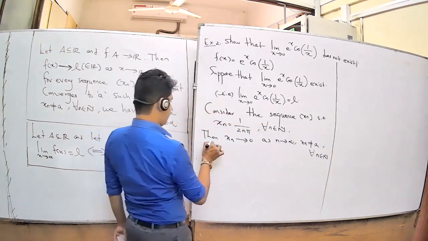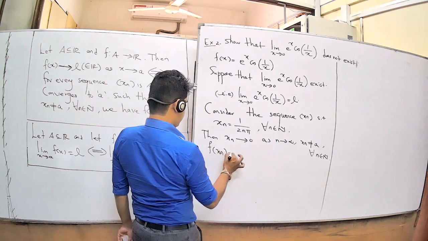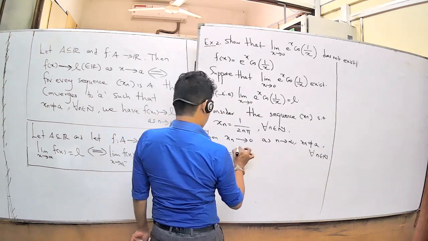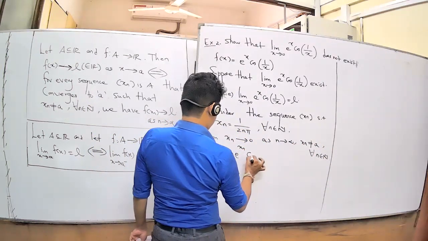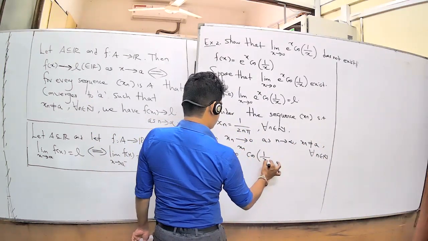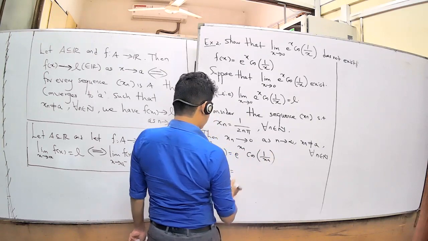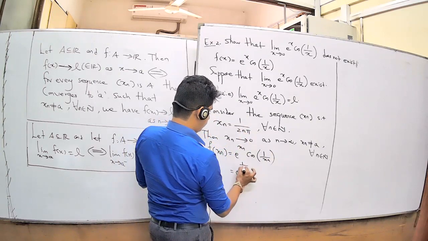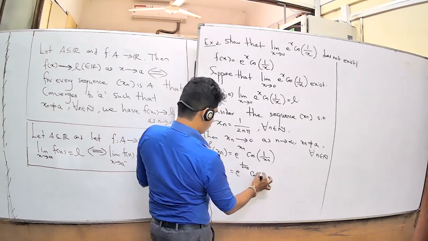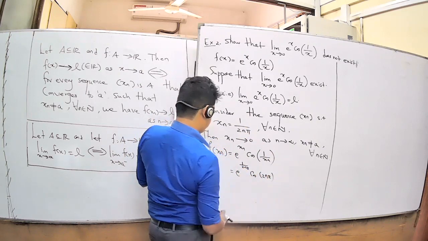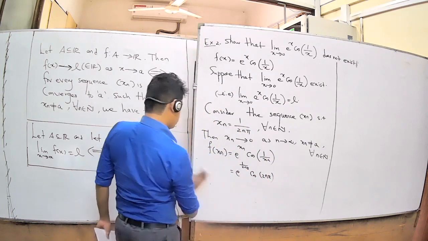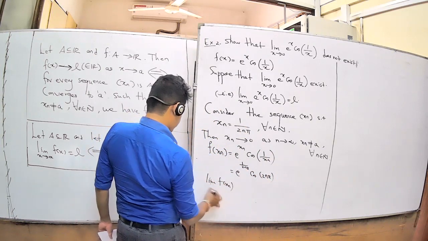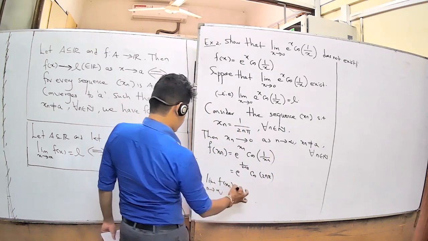Therefore, what is the value of f of Sn? f of Sn means e power Sn cos 1 over Sn. Now you put the Sn value equal to 1 over 2n pi: e power 1 over 2n pi cos 2n pi. Now you take the limit of f of Sn as n tends to infinity.